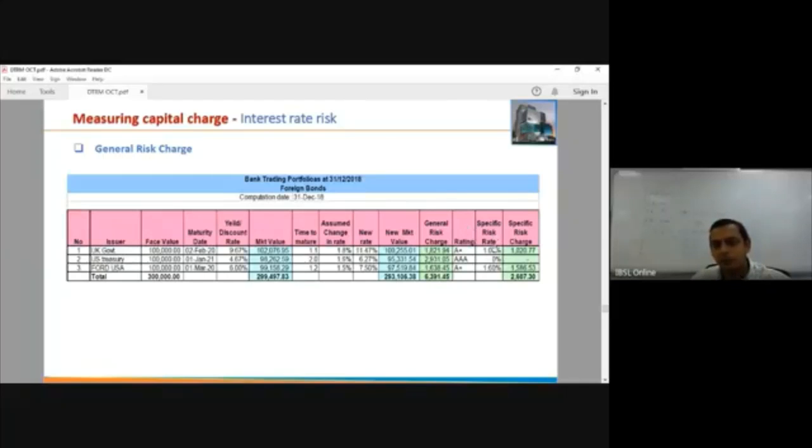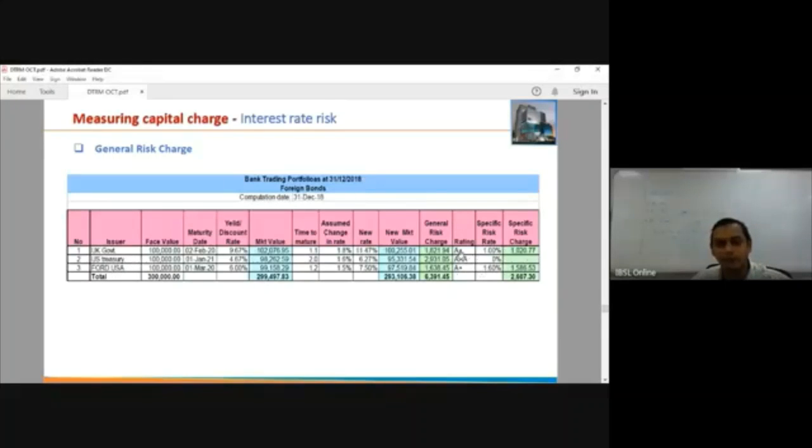Then when it comes to specific risk, again, all these instruments are issued by foreign governments and foreign corporates. Therefore, you need to get the specific risk charge depending on the rating. So you have to get the sovereign rating of UK, the sovereign rating of US, and the external credit rating for Ford company.